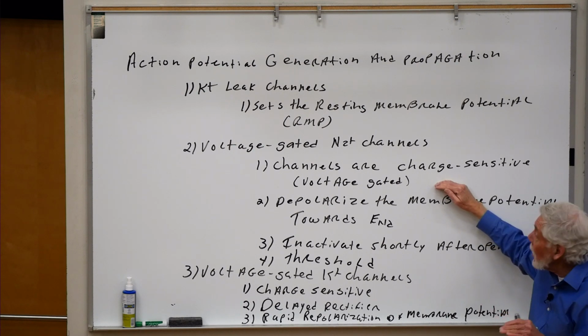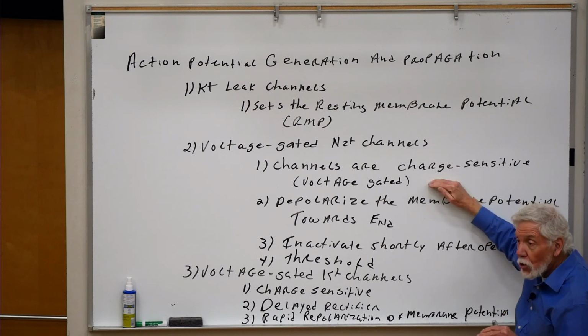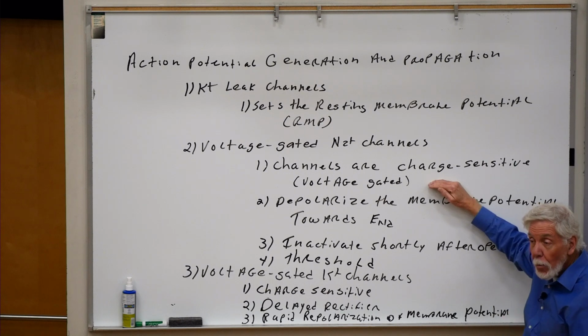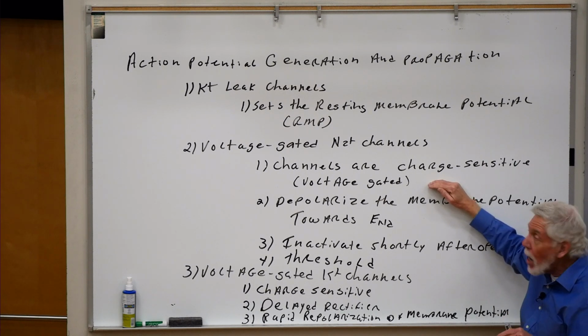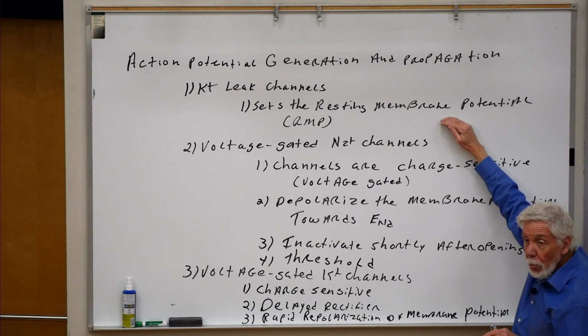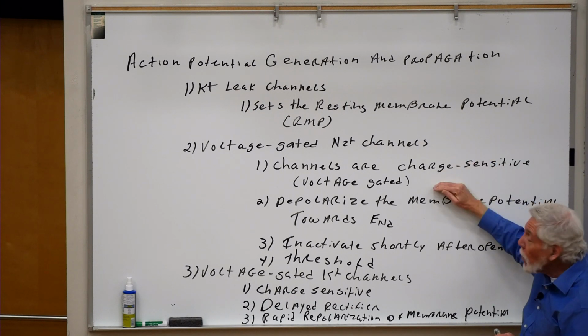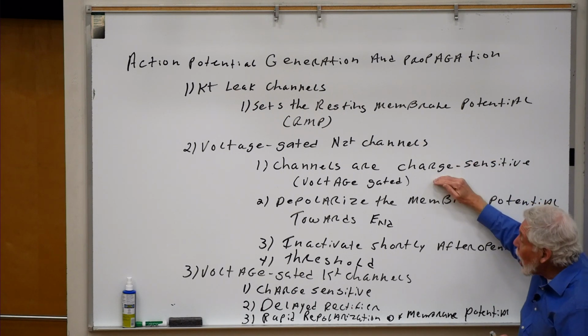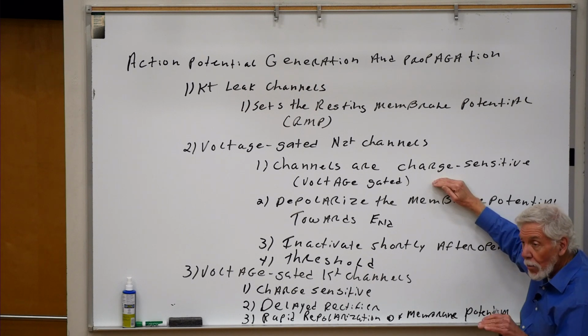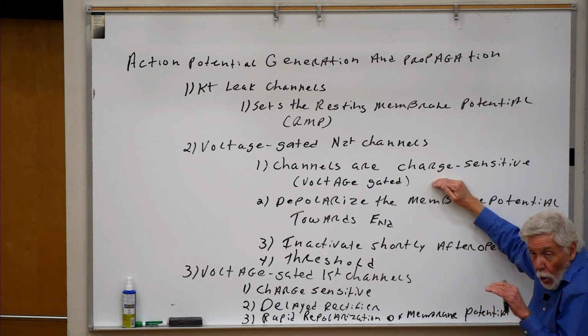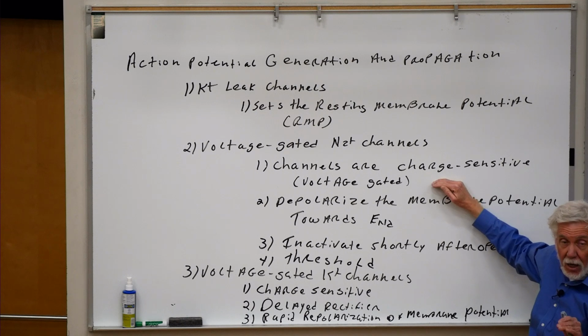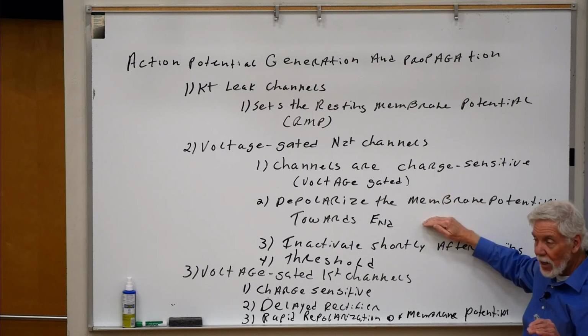Again, the membrane potential seeks the equilibrium potential for the ion whose permeability is dominant. At rest, the dominant permeability is to potassium, but once we open the voltage-gated sodium channels, the dominant permeability is to sodium. These channels remain open only briefly, about a millisecond, and then they inactivate.